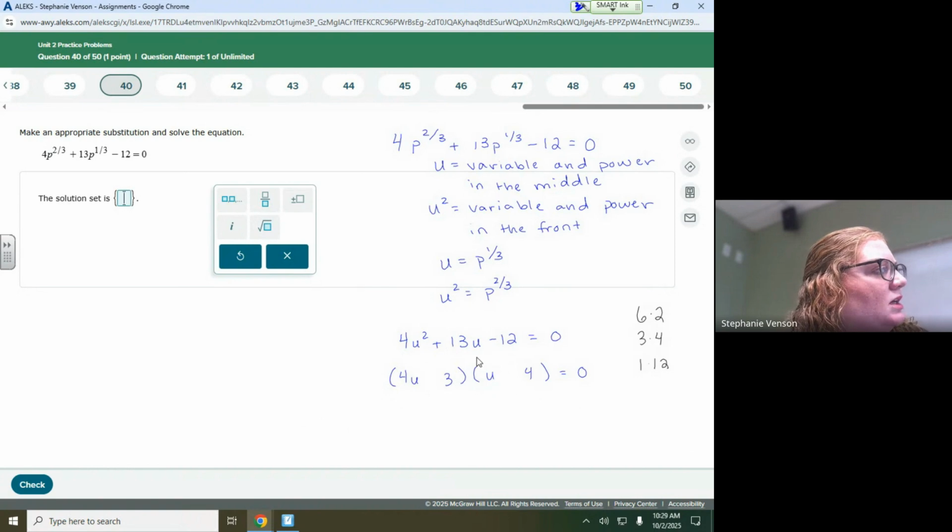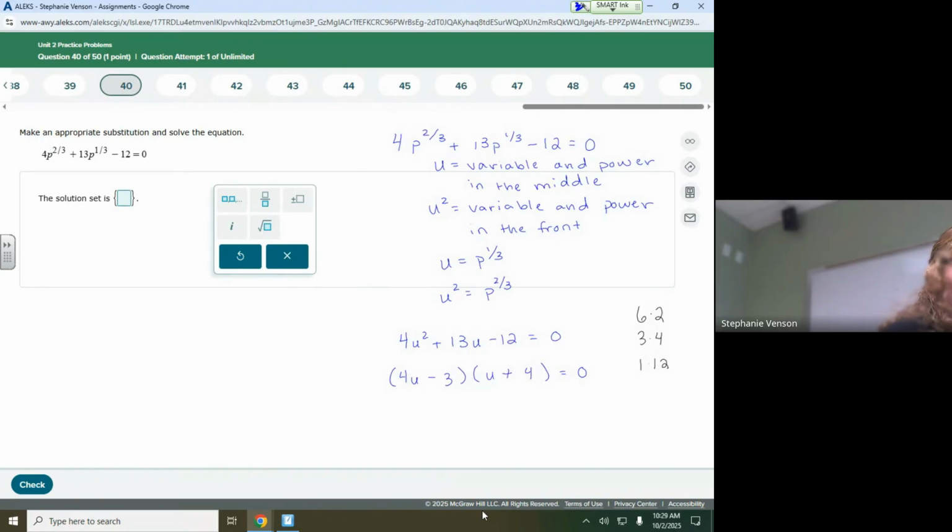So this is what I'm thinking. Now talk to me about my signs. If I need 3 and 4 to multiply to give me a negative 12, then one has to be negative, the other one has to be positive. Any thoughts? +4 minus. I think so, yes. That's my educated guess, +4 and -3. So there is my educated guess of what I think the factors are.